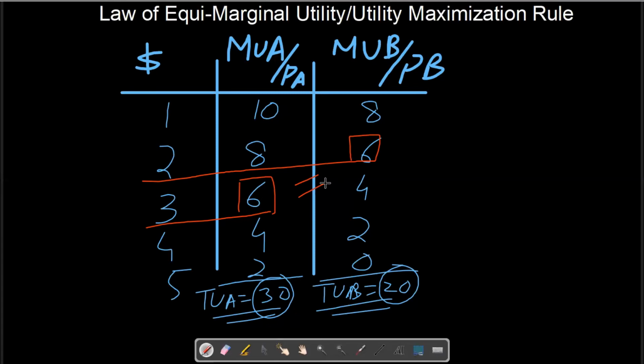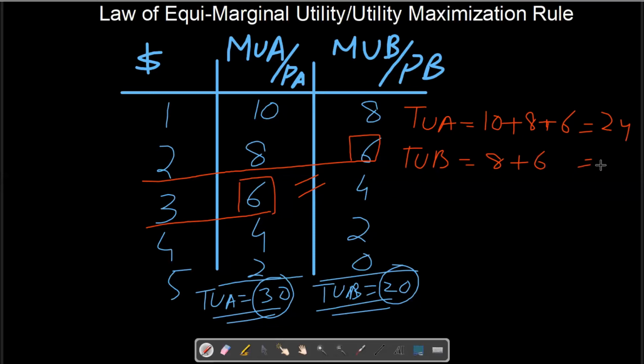Now we can try to prove whether his utility is maximized using this combination or not. If he spends $3 on product A, then total utility from product A for $3 would be 10 plus 8 plus 6, and this is equal to 24. And if he spends $2 on product B, then total utility from product B would be 8 plus 6, that is equal to 14.